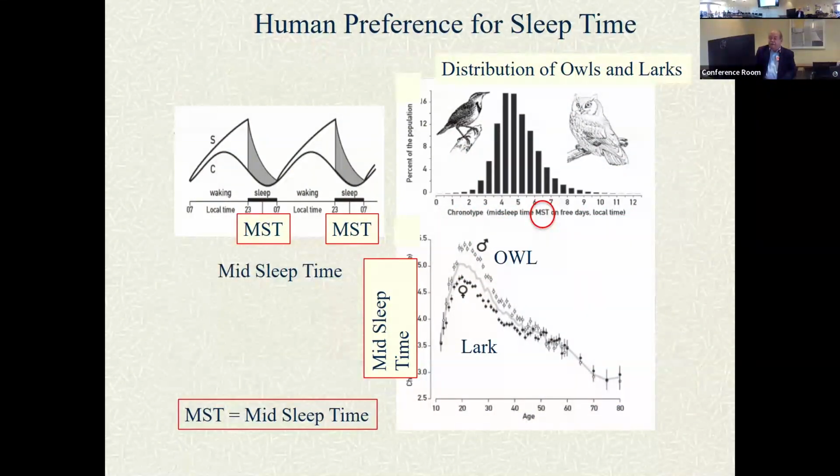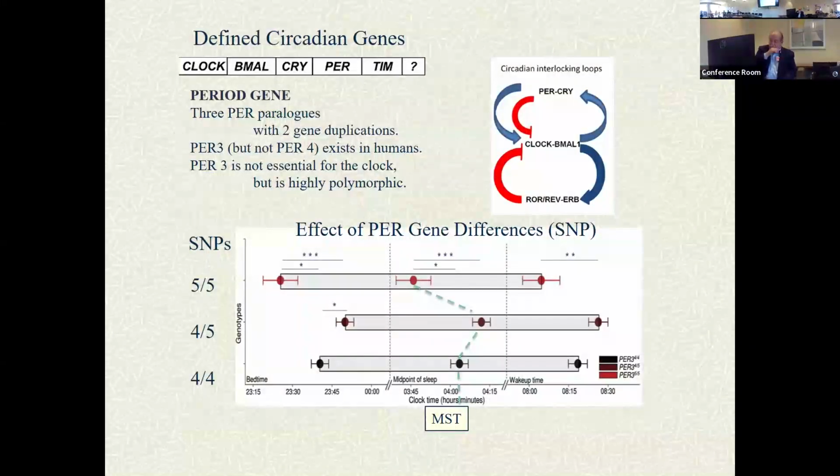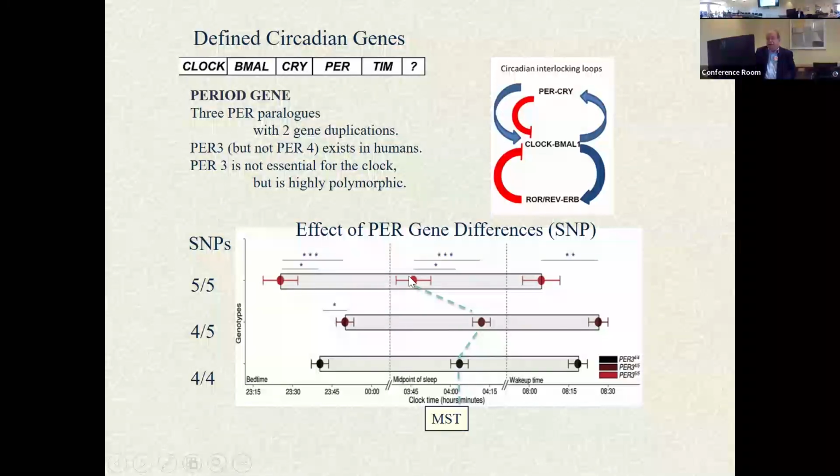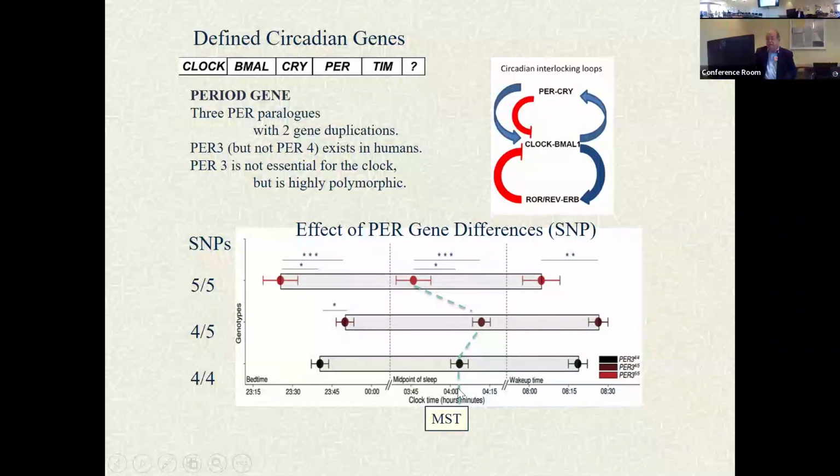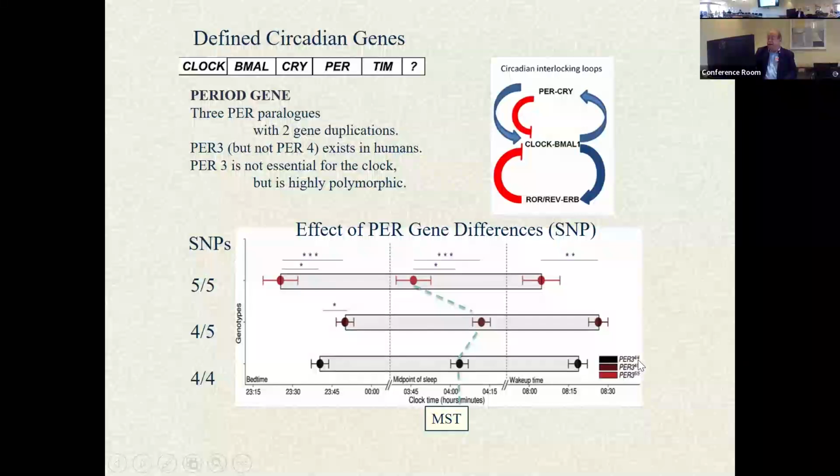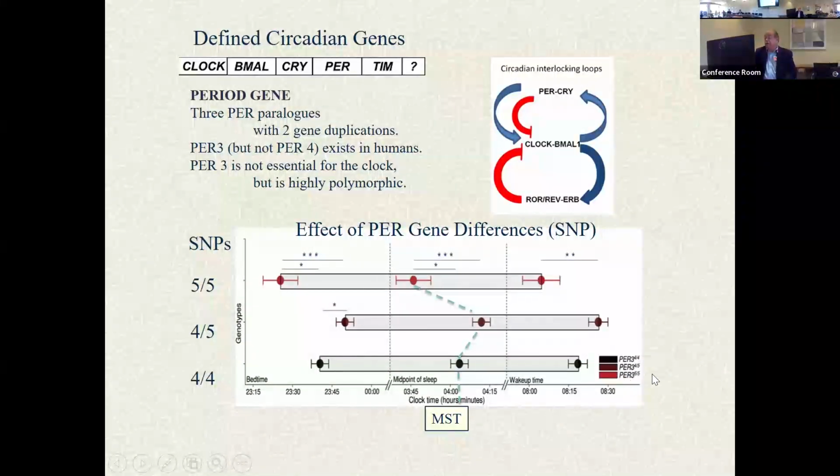Oh, here it is, human preference, mid-sleep time. You take a whole bunch of people and you look for GWAS and you figure out the SNPs in the PER gene, and you find that there is a mid-sleep time period that depends on what your PER3 is and whether or not you have 4-4, 3-4, or 3-3.